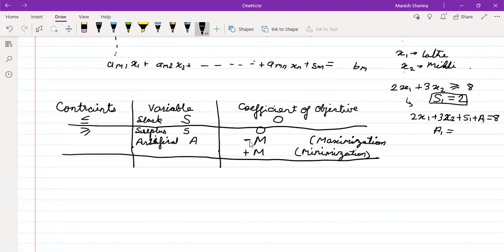So in case, for example, the machine is to be utilized for 8 hours, but we are utilizing it for 20 hours, then the breakage or any mishappenings that could happen is kept into the artificial variable.